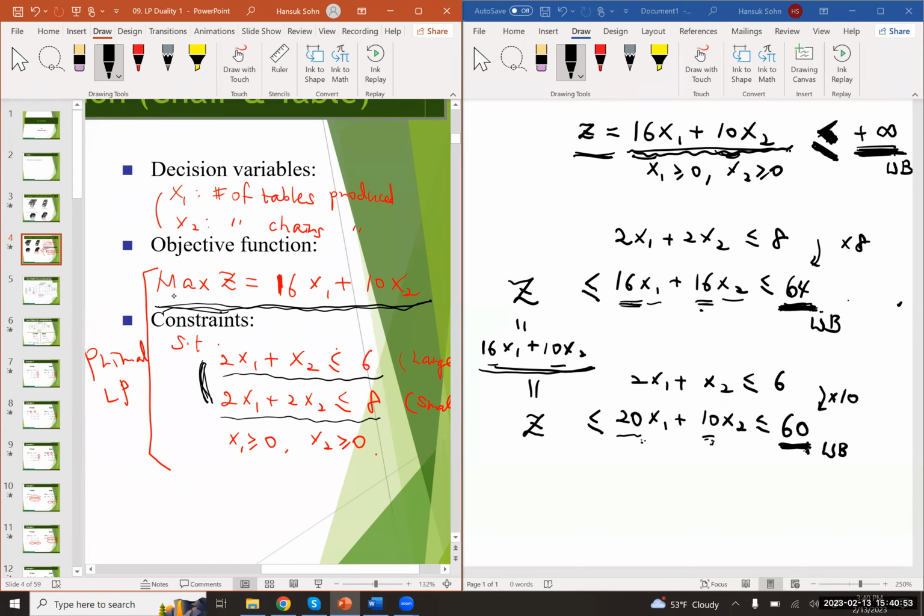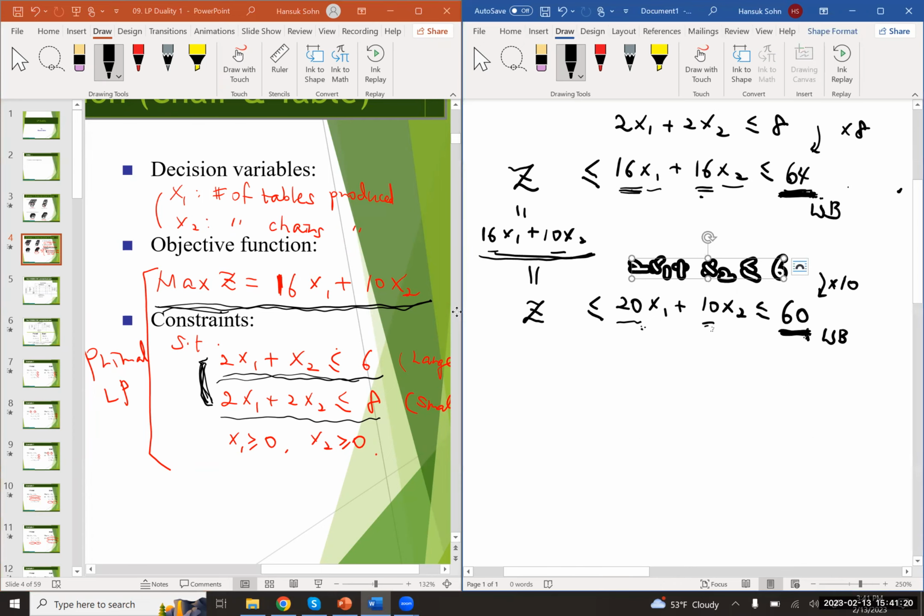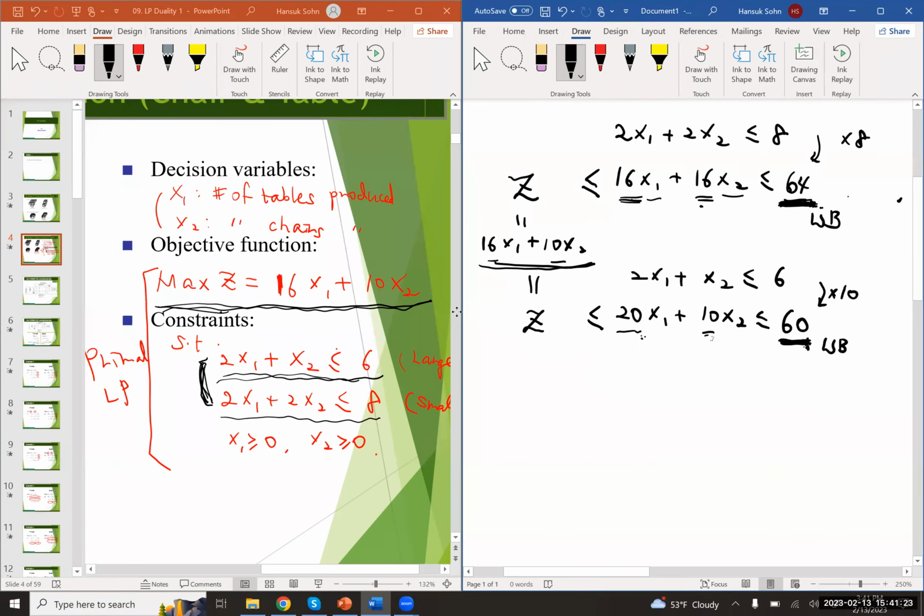Okay, now we can do an even better job. So this time, let's use both of these two constraints, constraint number 1 and 2, at once, okay? So what we're going to do is multiply the first constraint by 6. Okay, so let me write it down here. So here, multiply by 6.